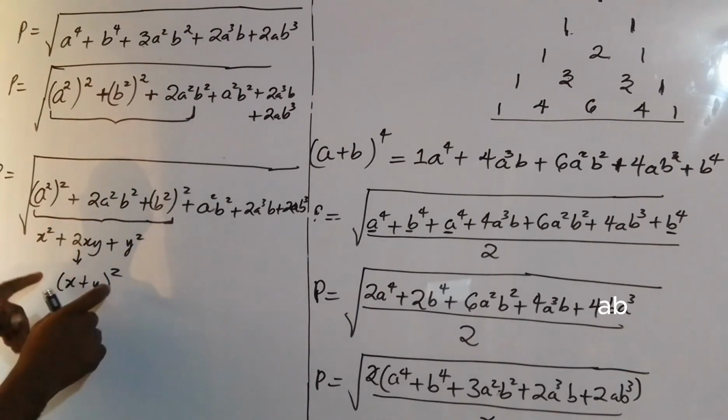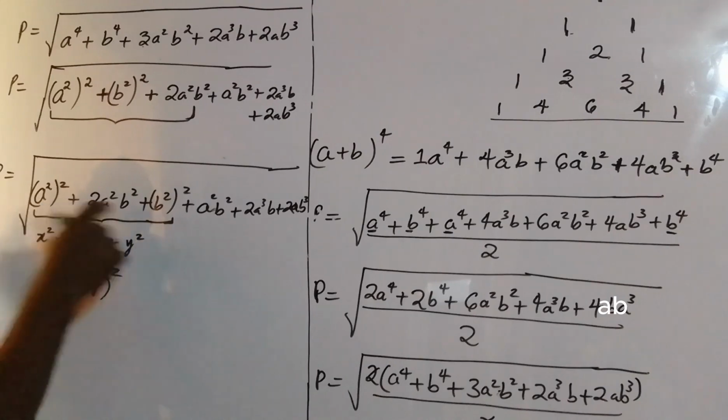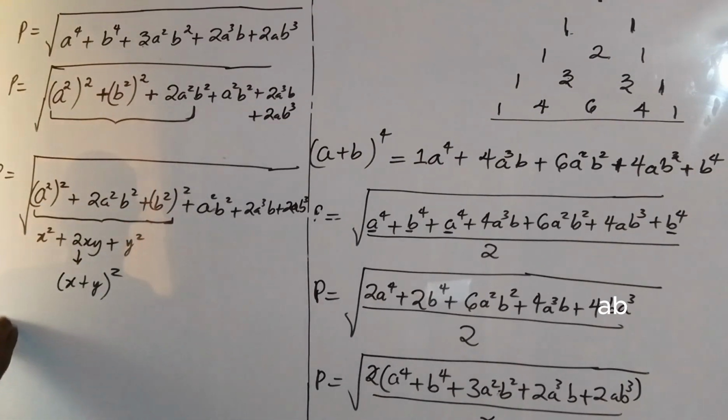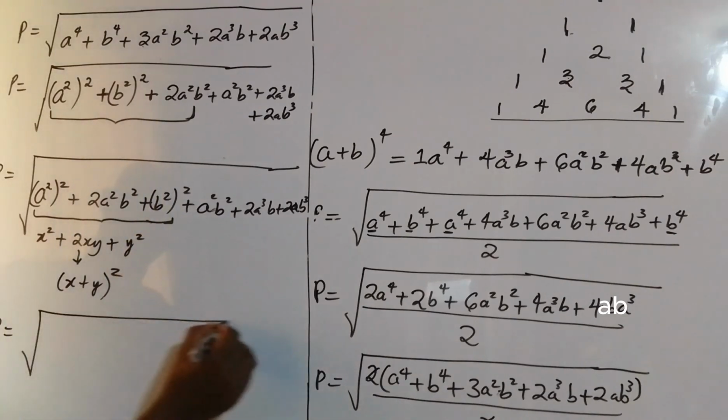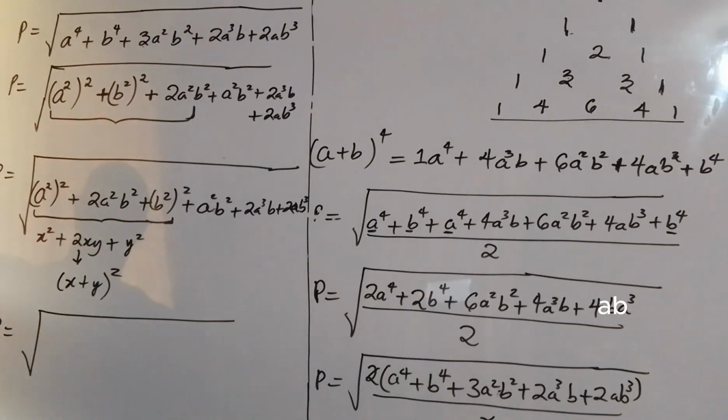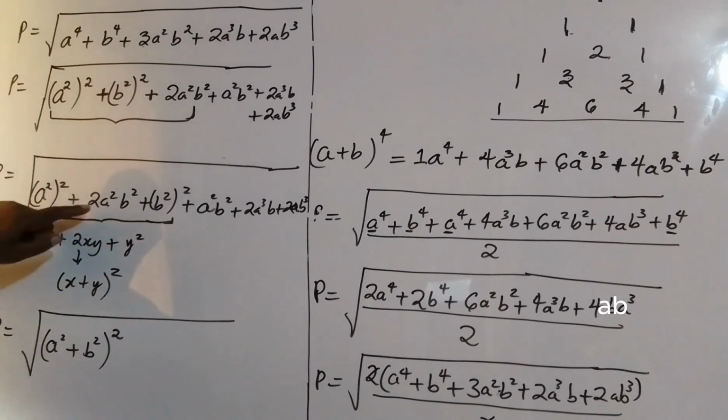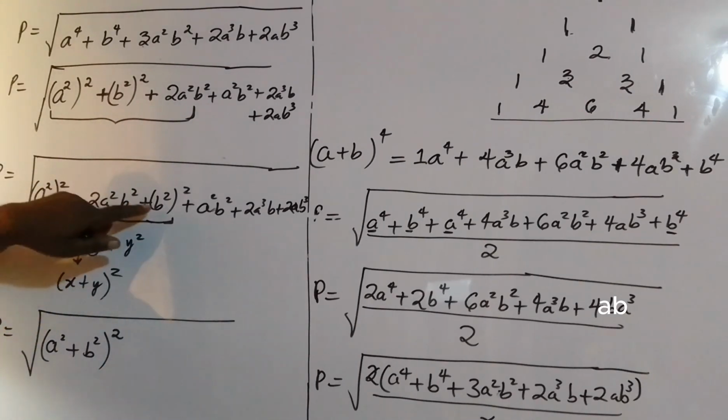So what that means is that this expression here is a perfect square. And so I'm going to rewrite this using this particular identity here. So P now will become the square root of (a squared plus b squared) all squared, because here I'm taking a squared as x and b squared as y.